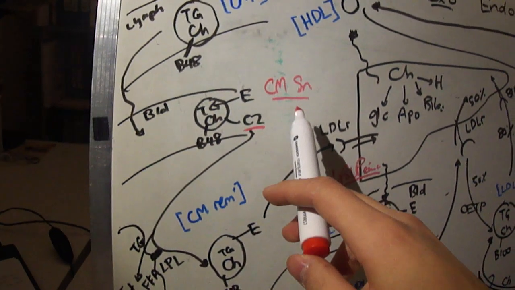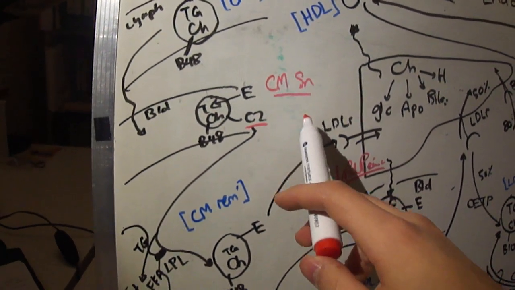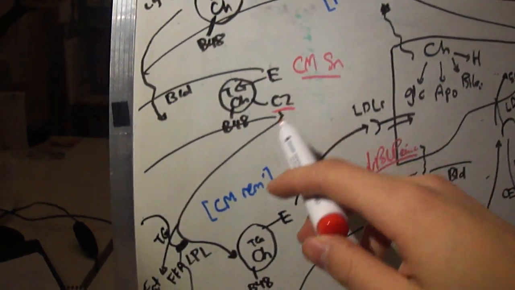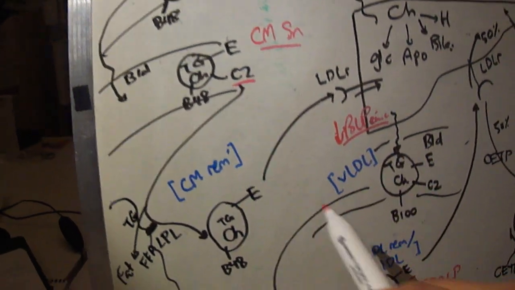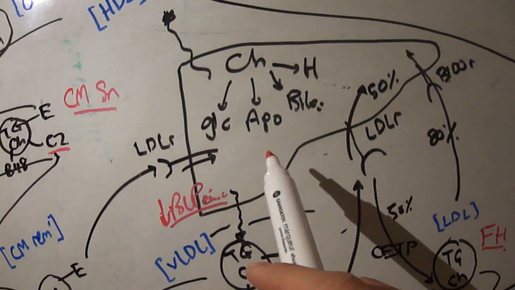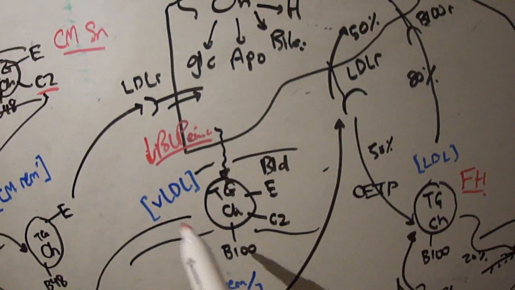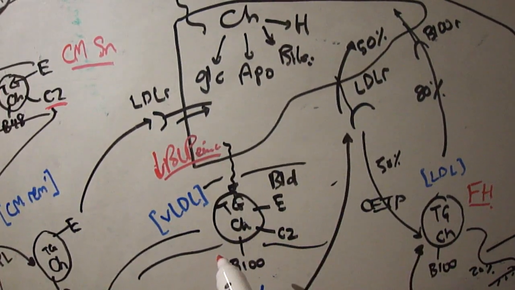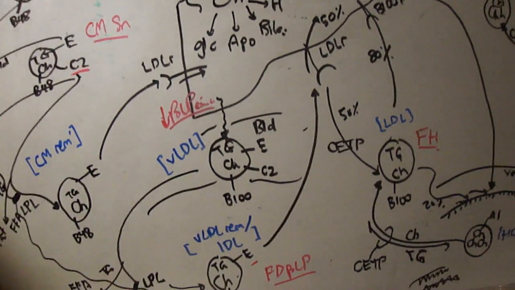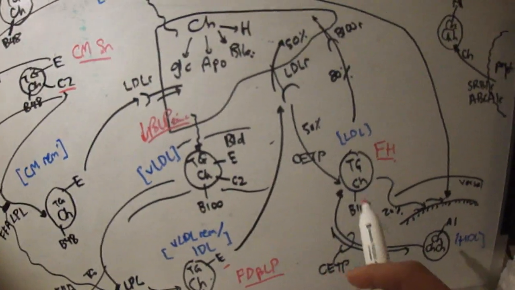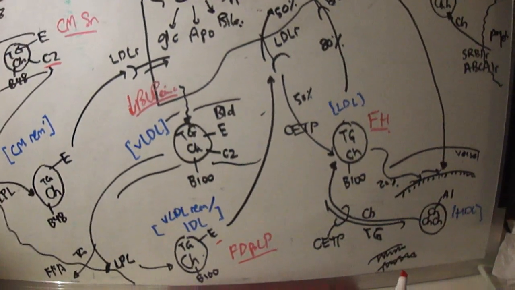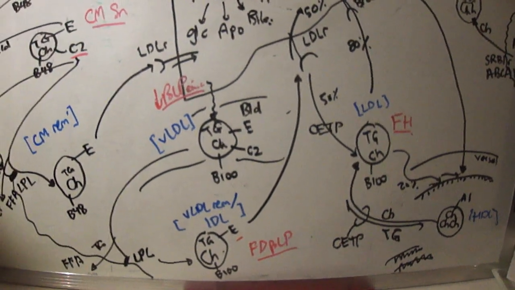So first we discussed chylomicronemia syndrome, where the C2 apolipoprotein is defective. You can have reduced levels of ApoB, and so therefore reducing your ability to make the VLDL, and thus reducing the IDLs and the LDLs in the circulation, and thus actually improving your cardiovascular risk.